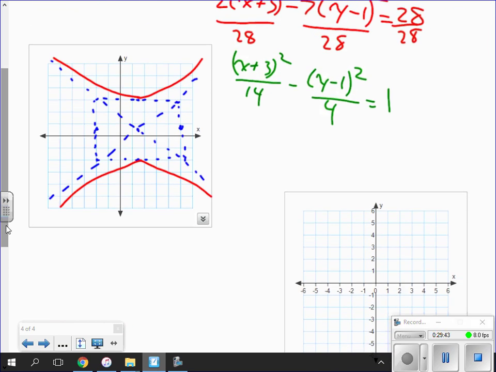Okay, now for graphing purposes, our center is negative 3, 1. Our A is the square root of 14, which is approximately 3.75. Take it on your calculator to give you something to graph from. And our B is 2.